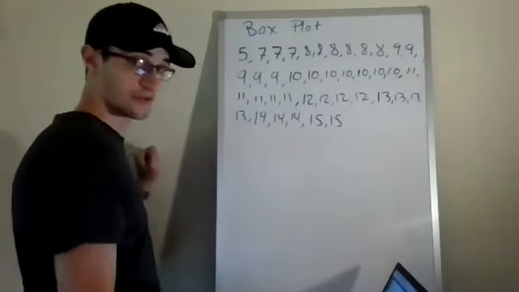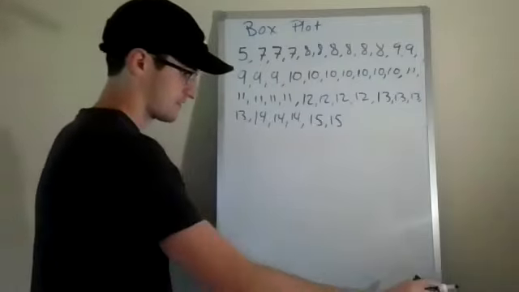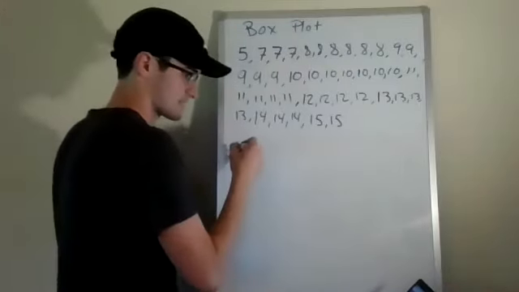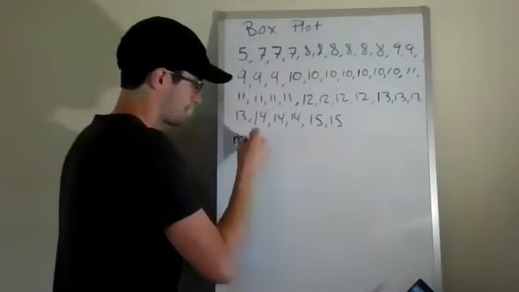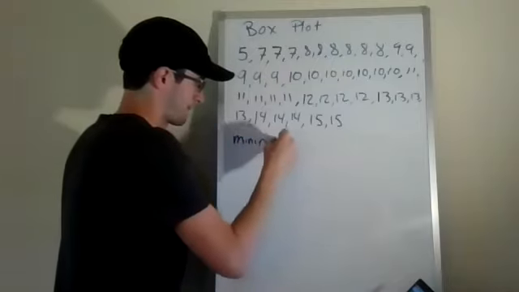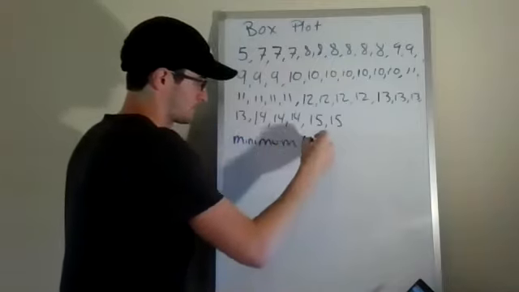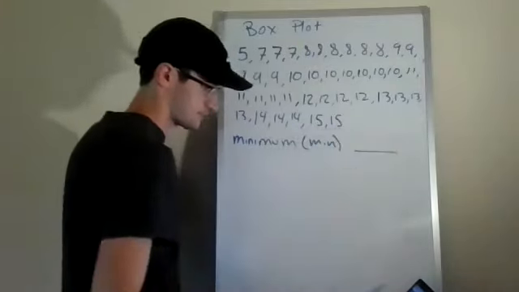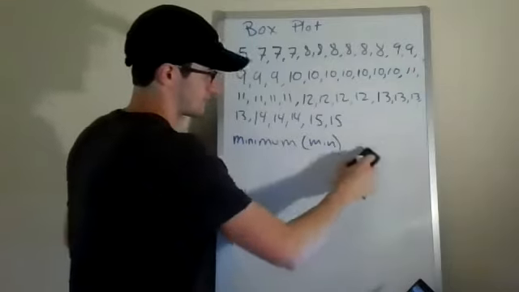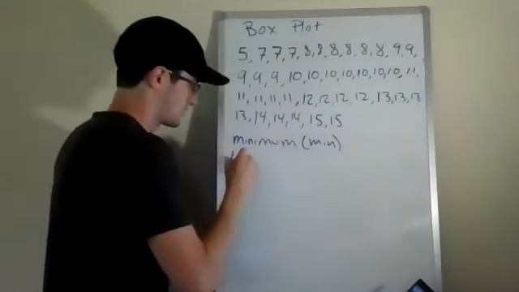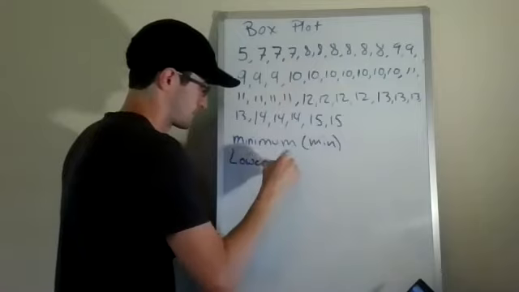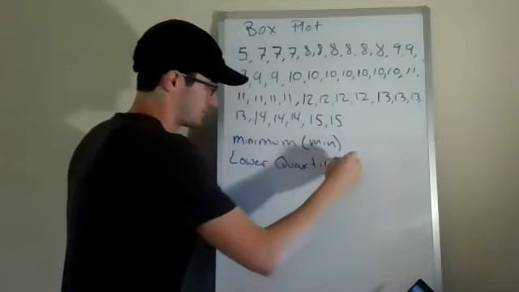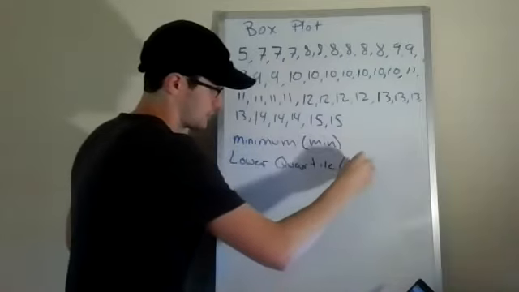Again, you see another number line, and we'll get there in a second. This 5-number summary has the minimum, also known as the min. That's what we call that. We have what's called the lower quartile, or Q1.